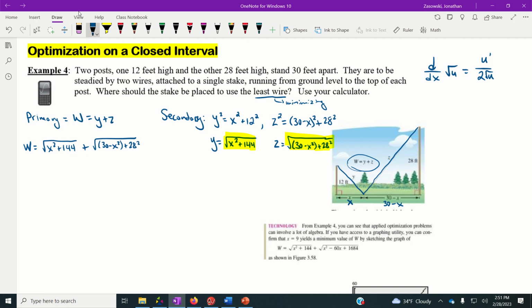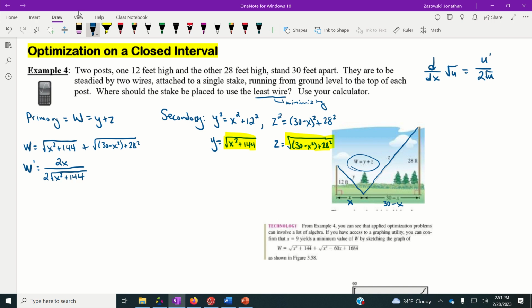All right? Now, we can do this without actually taking the derivative, but if we needed to, we could say that w prime is going to equal, we're going to get 2 times this square root, and then this is going to be the derivative of what's inside, u prime, and the derivative of what's inside is just 2x.